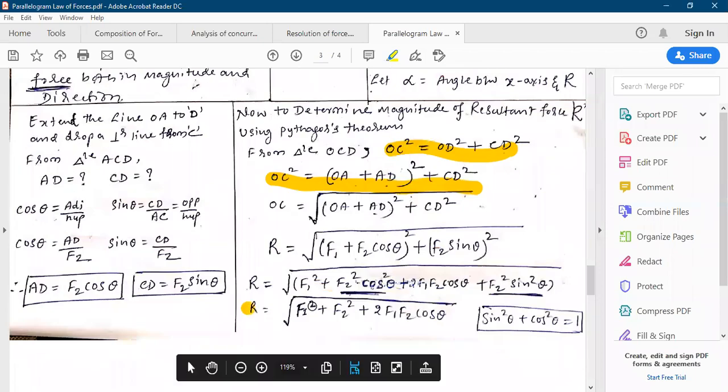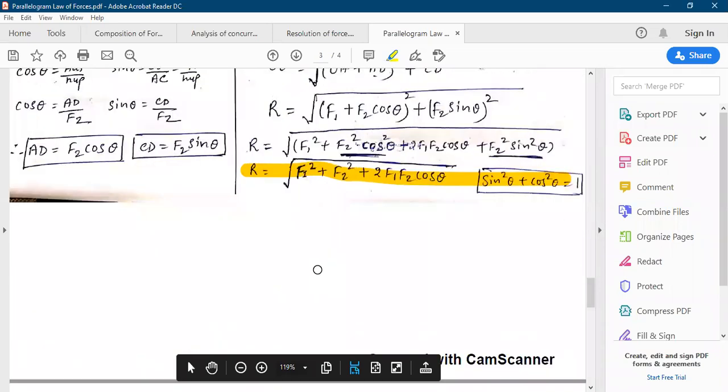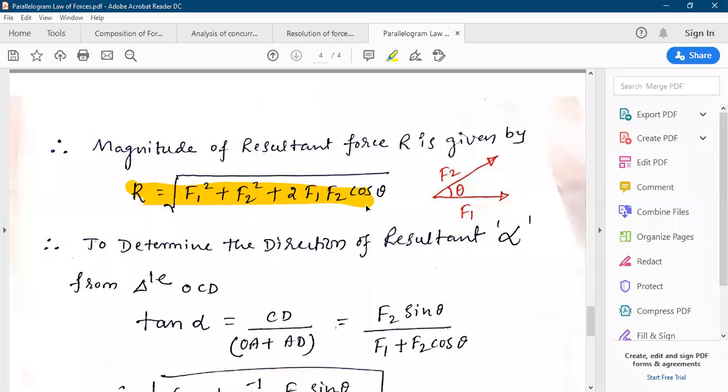Using that, we have derived the formula for calculating the magnitude of the resultant force, where the resultant force is nothing but one single force which can replace all other forces acting in a system of forces.